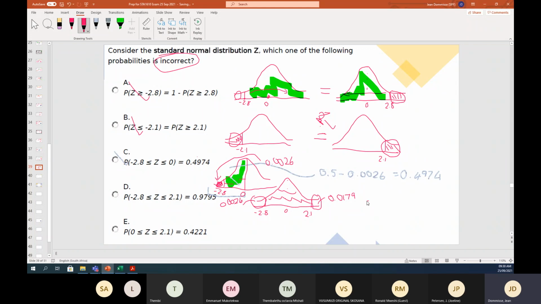So then basically one can say it's 1 minus 0.0026 minus the 0.0179.